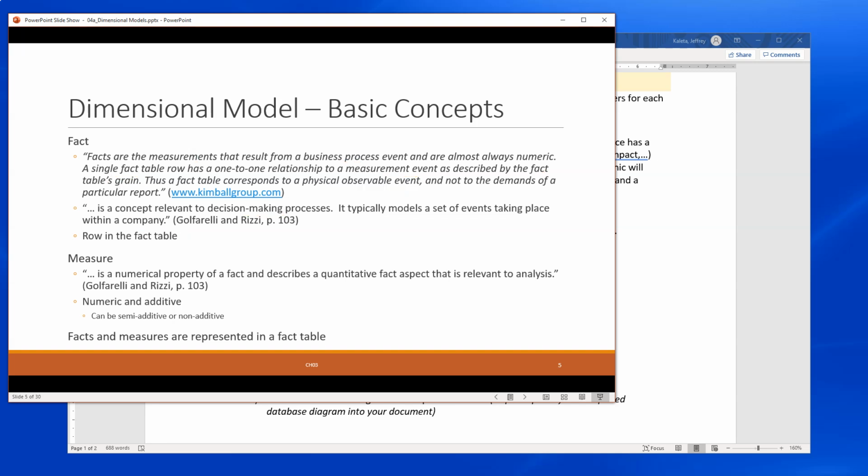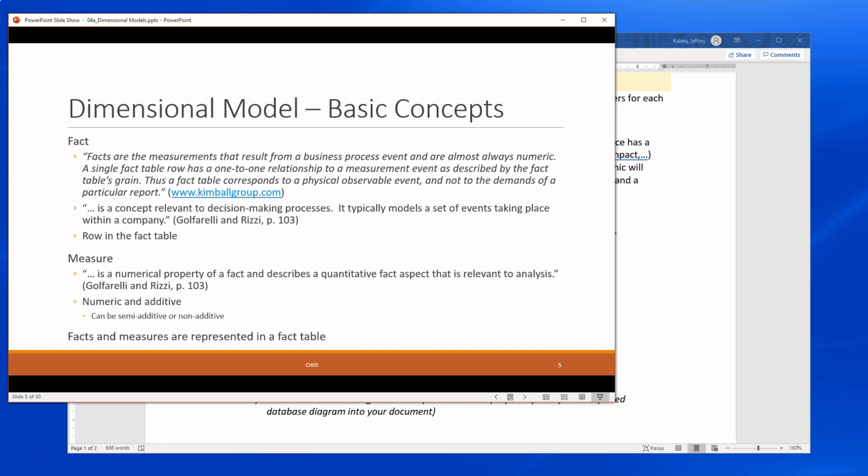So a measure is nothing more than a numerical property of a fact. So it's quantitative, right? And it's relative to the analysis required. It's numerative and additive. So both facts and measures are represented in a fact table.